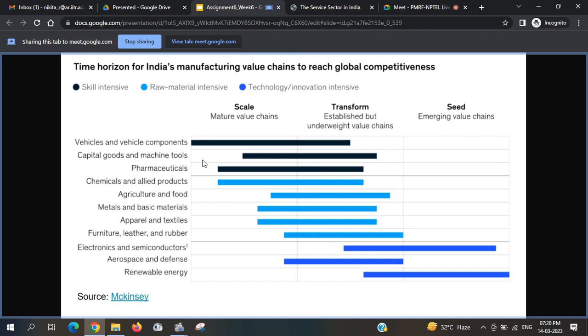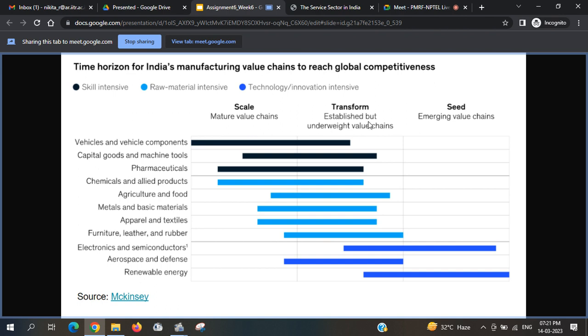So you can see several different types of industries are mentioned in this. So for example, vehicle and vehicle components, capital goods and machine tools, pharmaceuticals, chemicals and allied products, agriculture and food, etc. So you can see here, this shows that these are at scale, these are mature value chains.